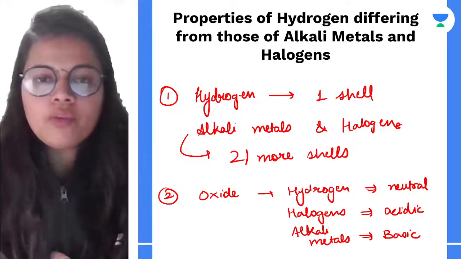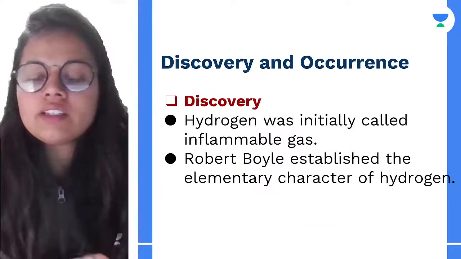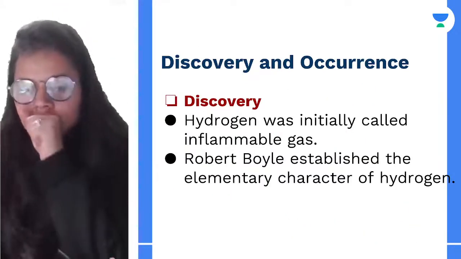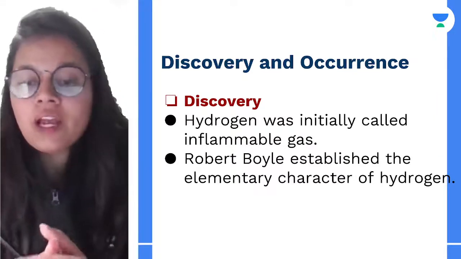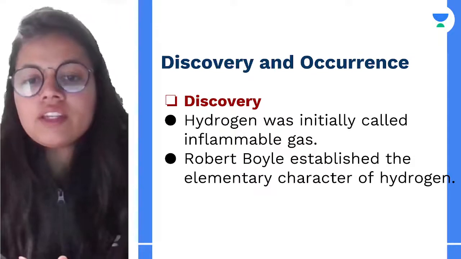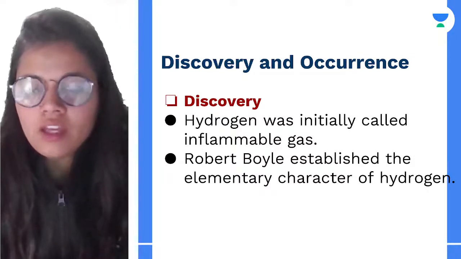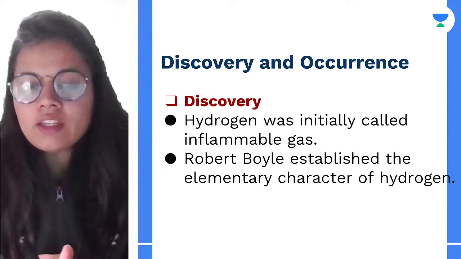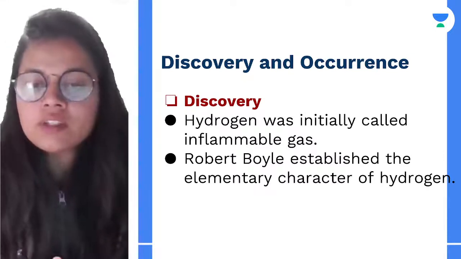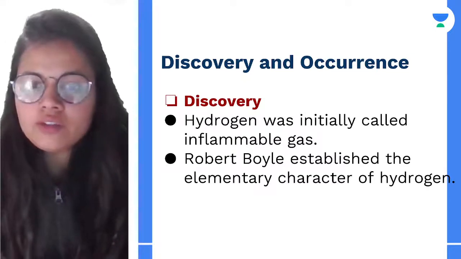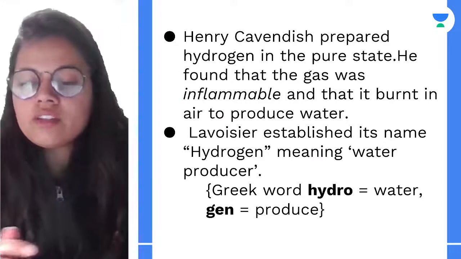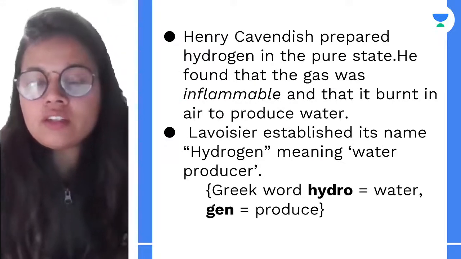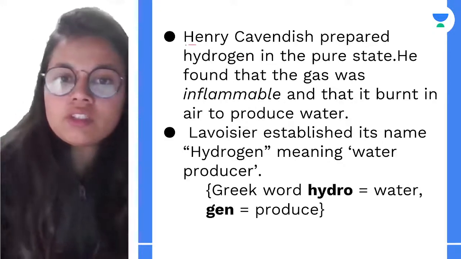Now we will be moving on to the discovery and occurrence. Talking about discovery, hydrogen was initially known as inflammable gas. A scientist named Robert Boyle established the elementary character of hydrogen. Here you could get MCQ type questions: who prepared hydrogen in the pure state?